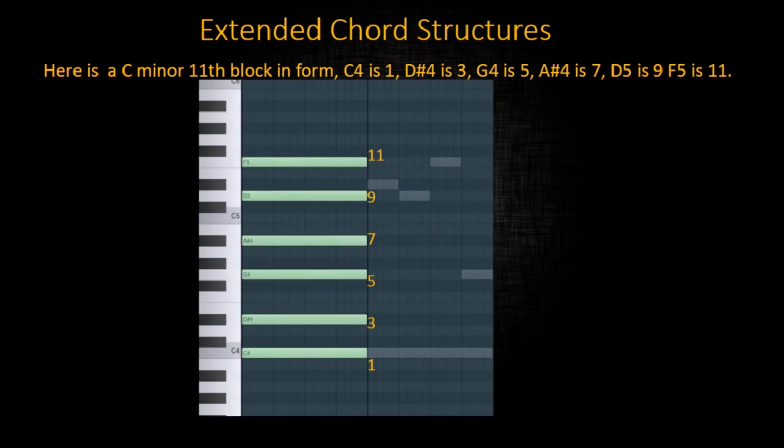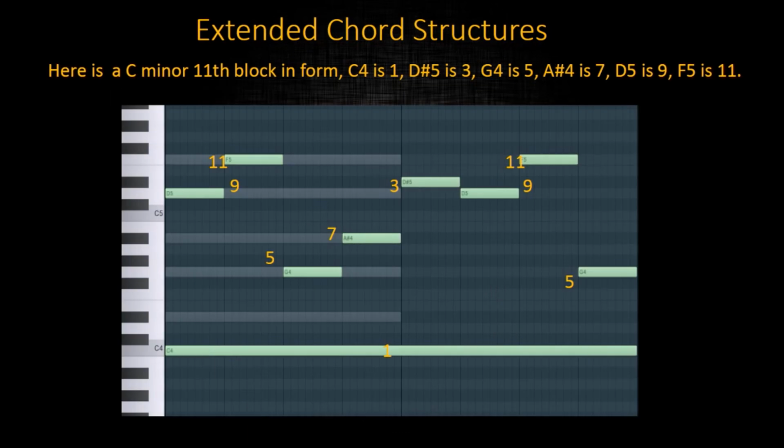And again, we're building up this chord even into a greater structure, C minor 11th. This is going to be quite common in our production files, the 11th degree, simply because we're going to have our notes expanded across multiple octaves.